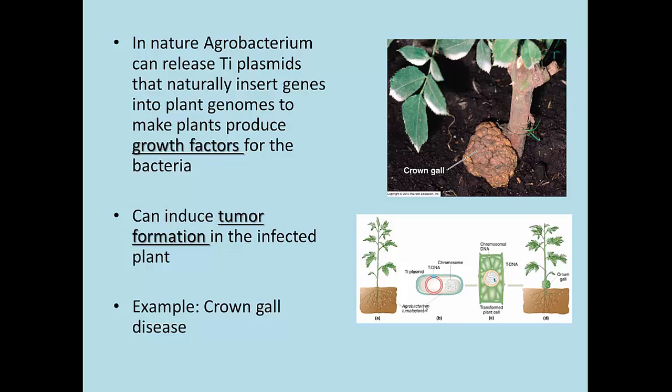From my understanding, it doesn't usually kill the plant, but it is just kind of an aesthetic growth that's the consequence of infection. So this is a naturally occurring thing. The bacteria and the bacteria's ability to infect the plant is all straight out of Mother Nature. Nobody invented that. Simply, it was just discovered.